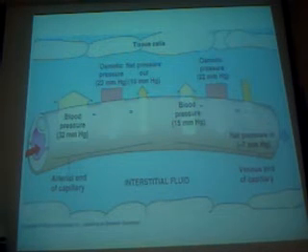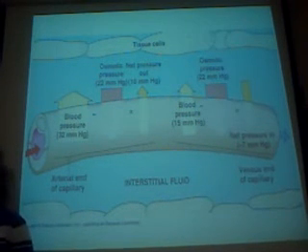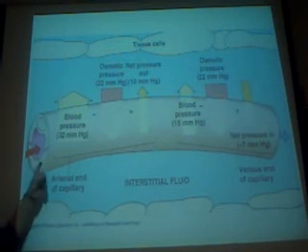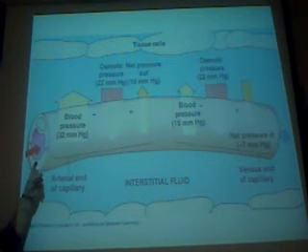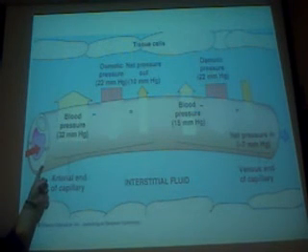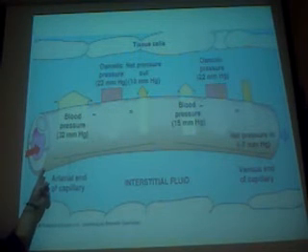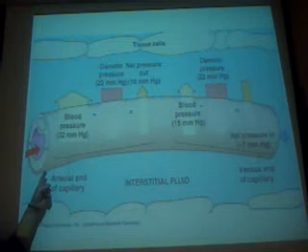Number 4 says, why does fluid enter at the venous end of the capillary, but not at the arterial end? Higher HPC at the arterial. Good. At the arterial end, notice the HPC, which is hydrostatic or blood pressure, is too high, and that doesn't allow for those solutes and proteins to pull enough fluid back in. So the battle here at the arterial end is won by a higher HPC.